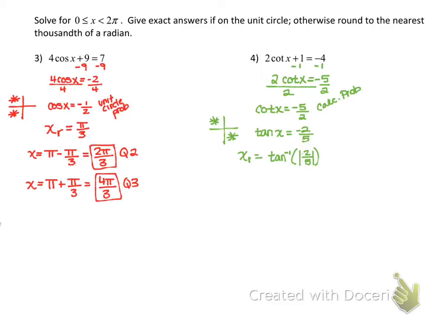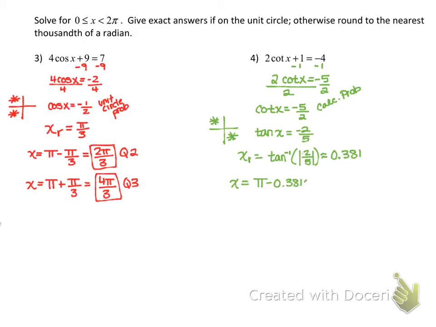So when I do this in the calculator, I get 0.381. So this is my reference angle. Unfortunately, it's not one of our solutions, but we needed to find it to be able to find the two solutions we need in quadrants 2 and 4. In quadrant 2, we're going to take pi and subtract 0.381.